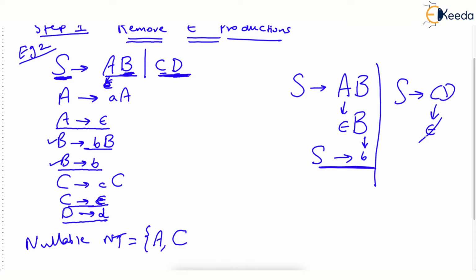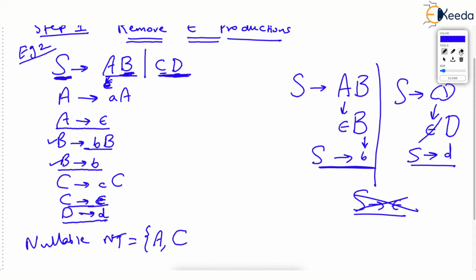So you can easily nullify C, but D still remains, and D will minimum give d. So S derives D. So we do not have any way by which S can derive epsilon. I hope you are understanding. S cannot derive epsilon, hence S is not nullable.